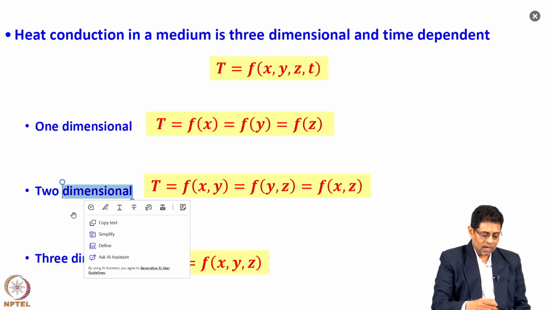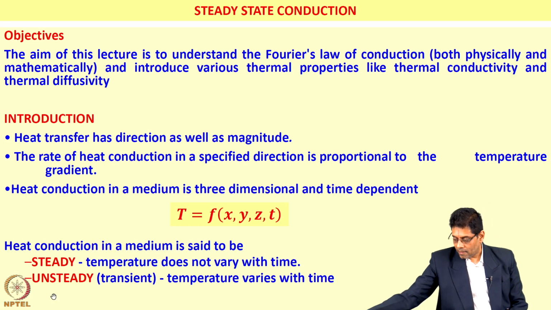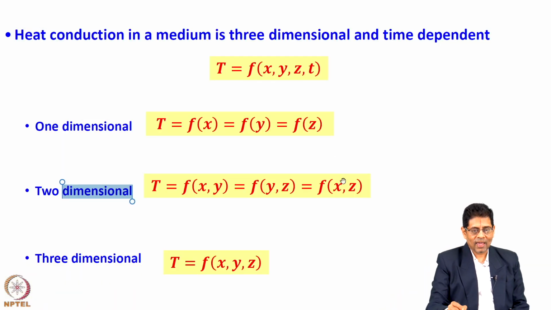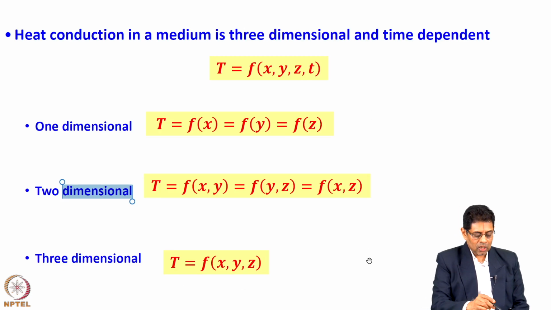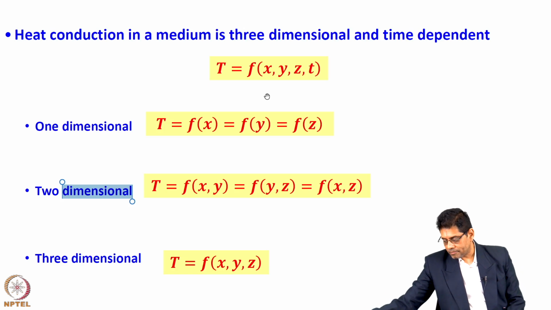What we have shown here is steady state 1D, steady state 2D, steady state 3D. That means you are not having anything as a function of time. Temperature is only a function of space, x, y or z, x and y, y and z or x and z. This is 3D steady, 2D steady, 1D steady, general.